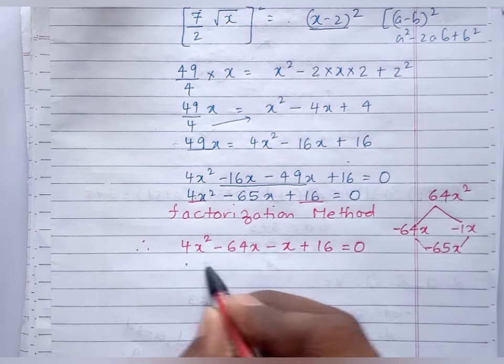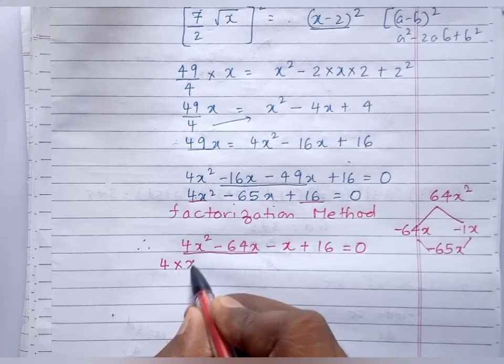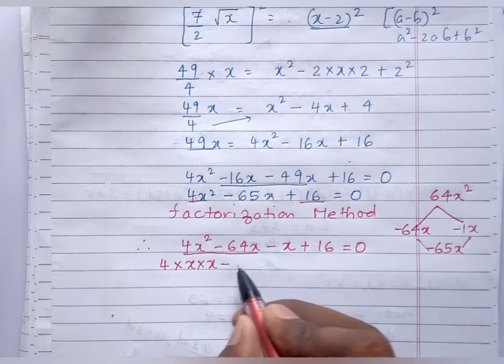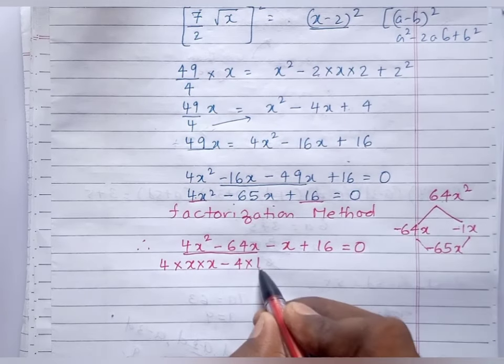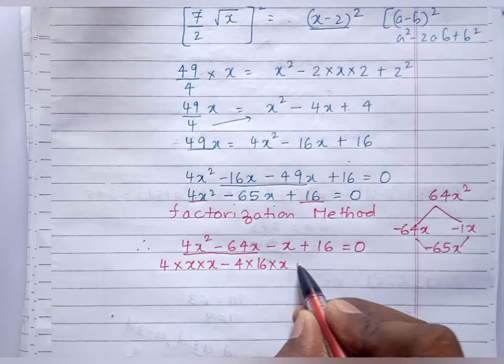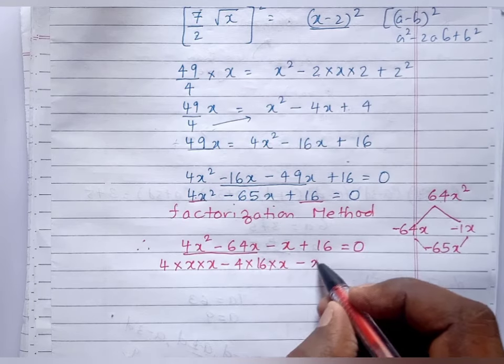Now I'll take the common factors by grouping the terms. So 4x square can be written as 4 into x into x. Same with 64, can be written as 4 into 16 into x, minus x plus 16 as it is.